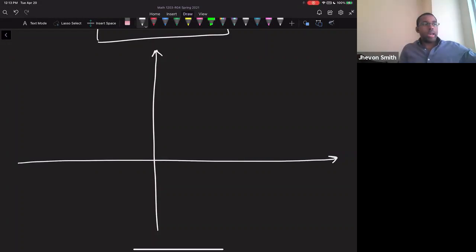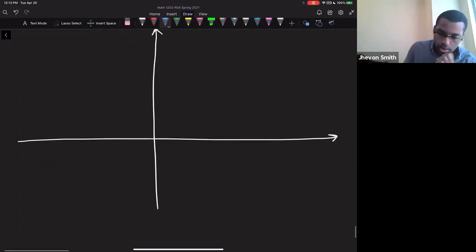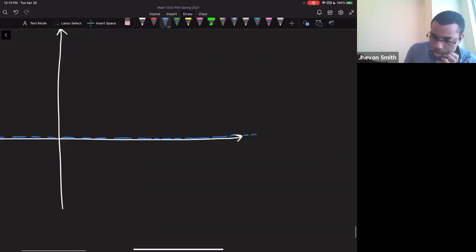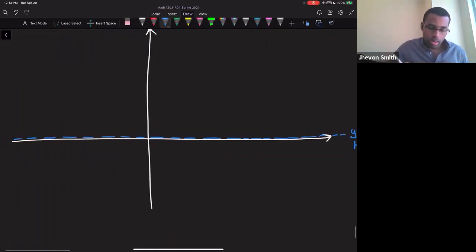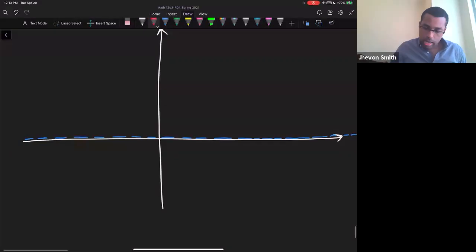So when the graph of this function is going to be, you're going to have a horizontal asymptote at y equals 0, which is the x-axis. Y equals 0, that's the HA. And we have vertical asymptotes in 2 locations.